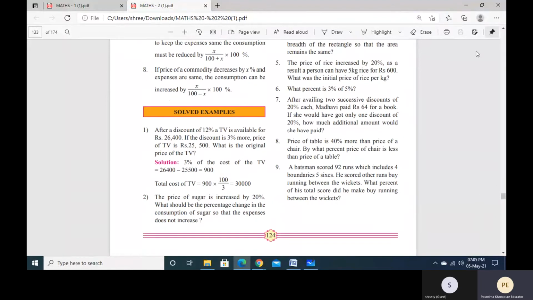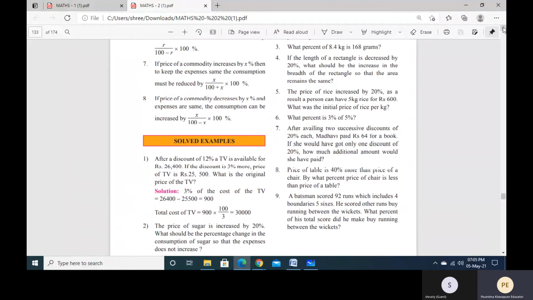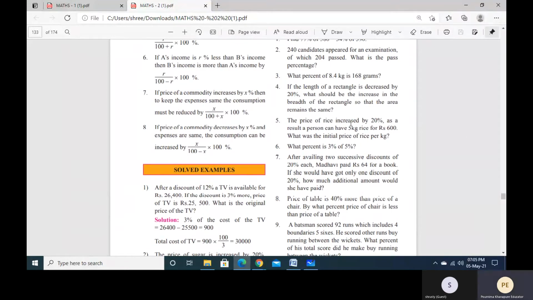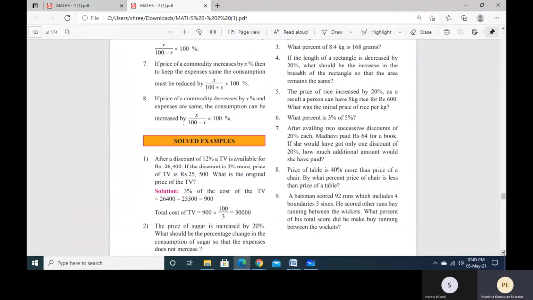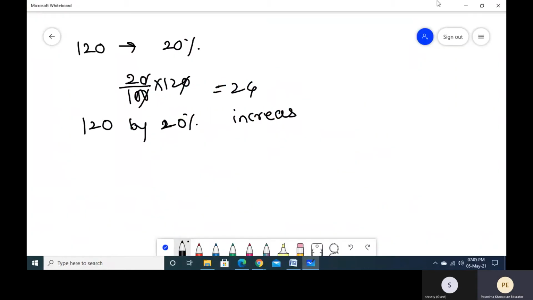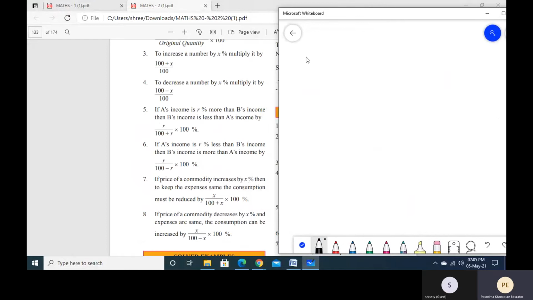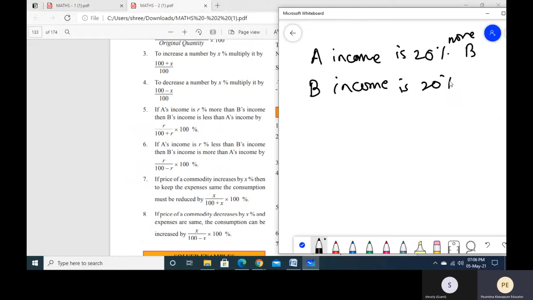Let's see which one it is. There are no examples like this, but let's say, for example, A's income is 20% more than B, and B's income is 20% less than A. That doesn't mean that both are equal.